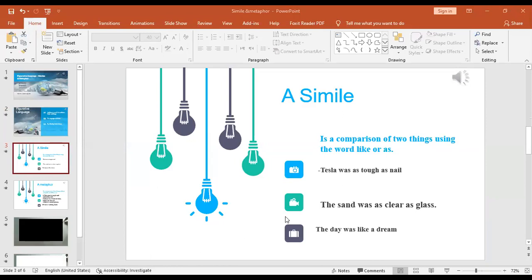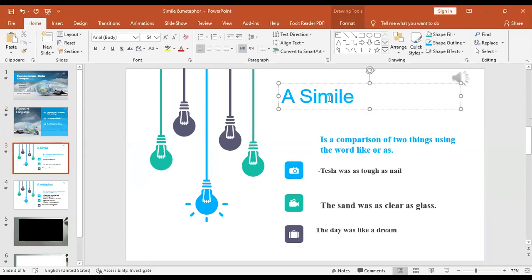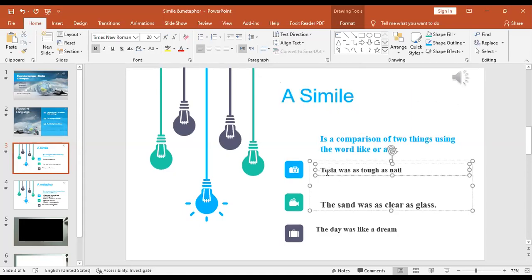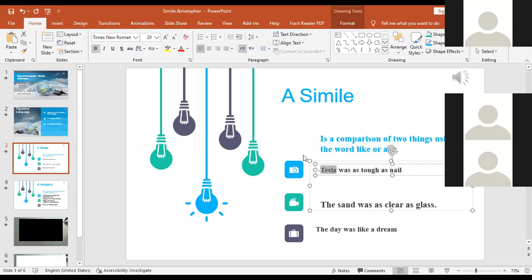I hope it's clear. So again, a simile is a comparison of two things using like or as. Look at here, Tesla.